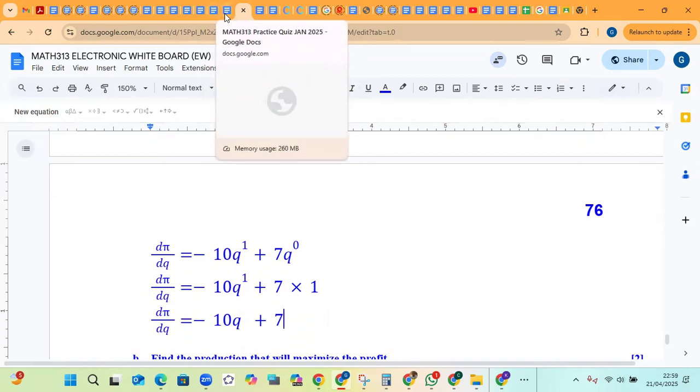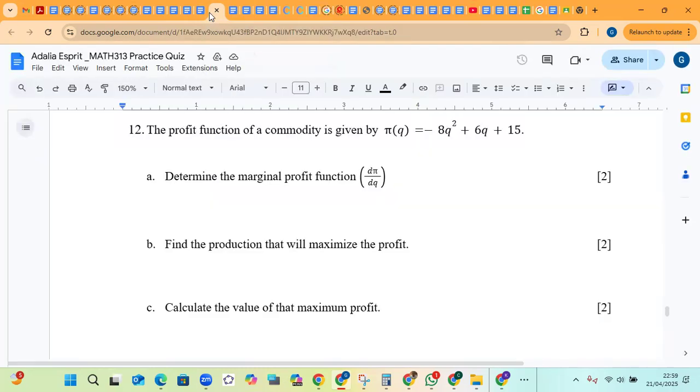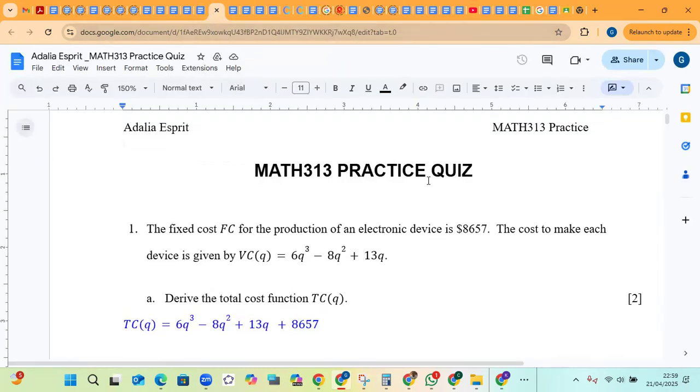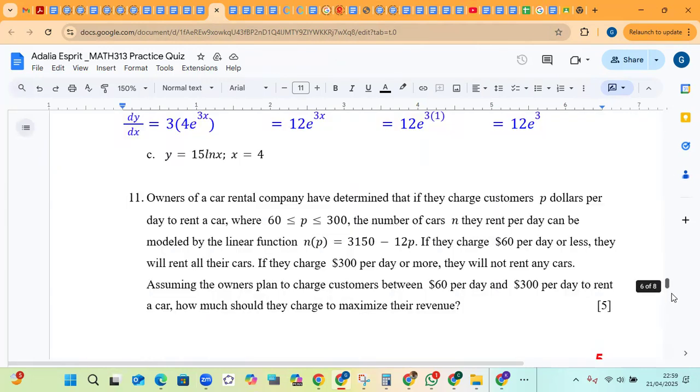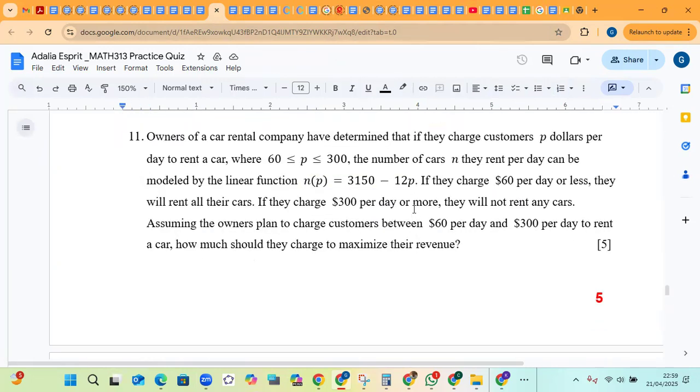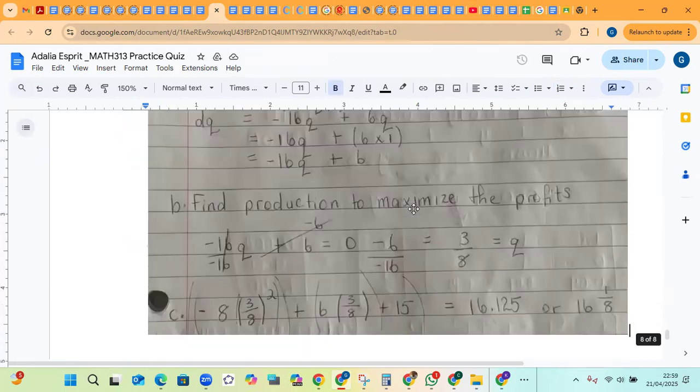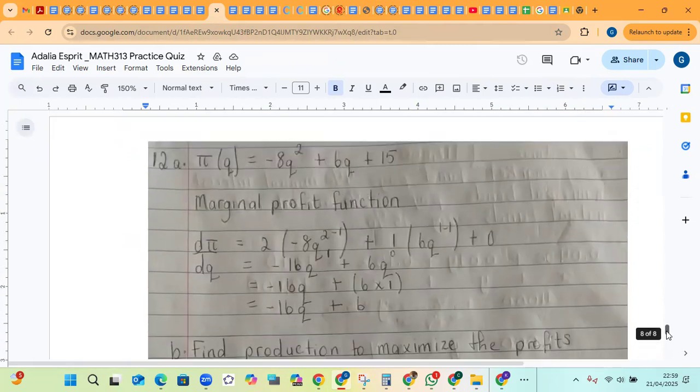So is that what was done for this question? Let us check it out. For part A, right, so here we have the profit function.